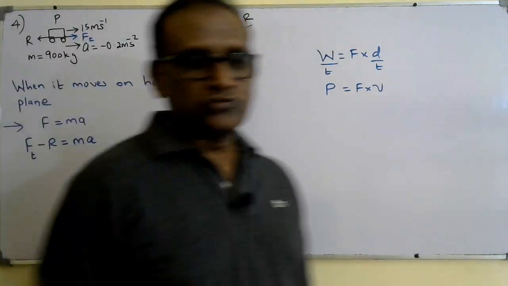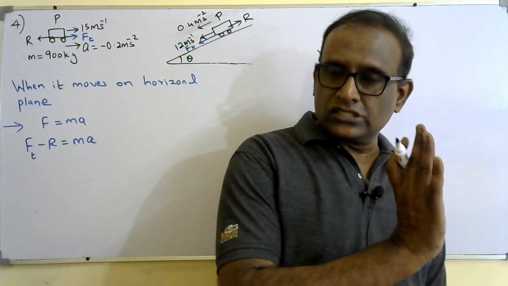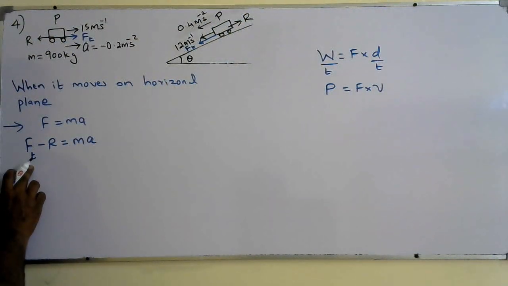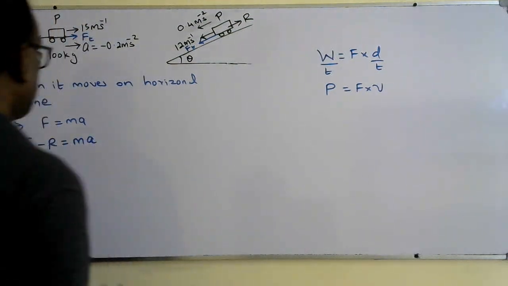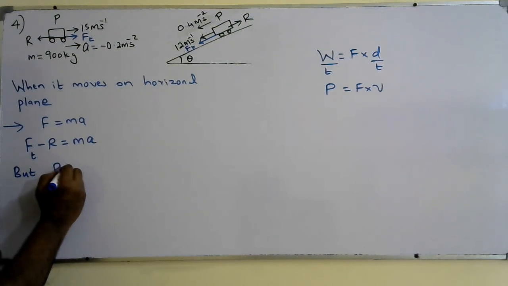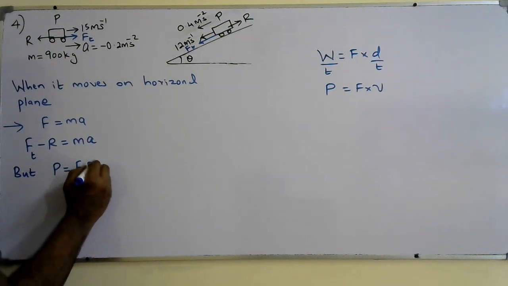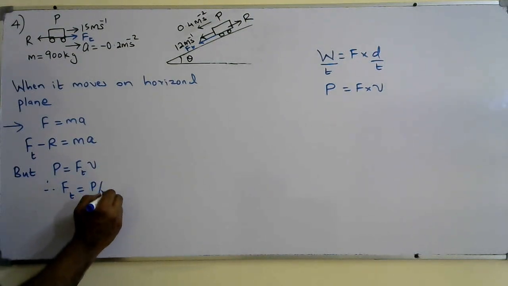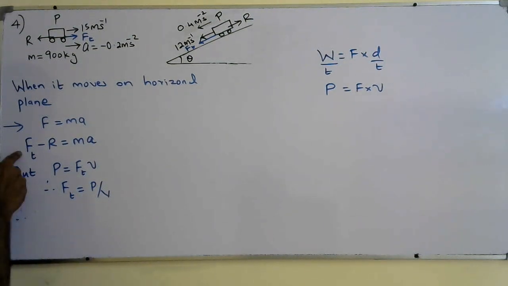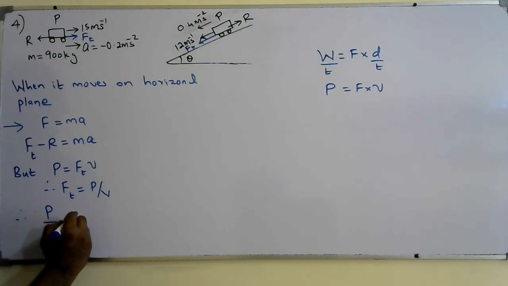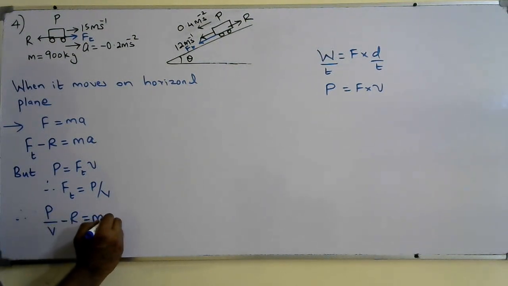These are the only two forces acting when it is moving on a horizontal floor, forward thrust and the resistive force. But we know that P equals FT times V, therefore FT equals P over V. So I can say P over V minus R is equal to ma.